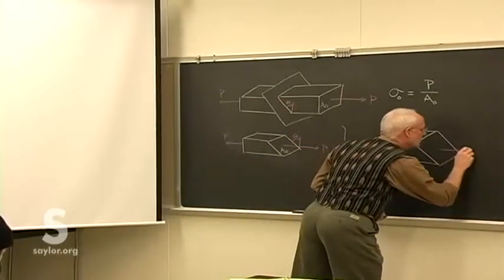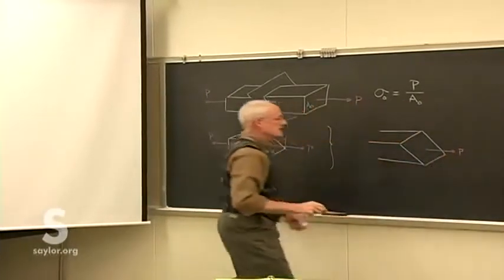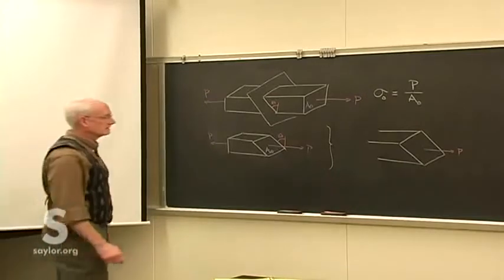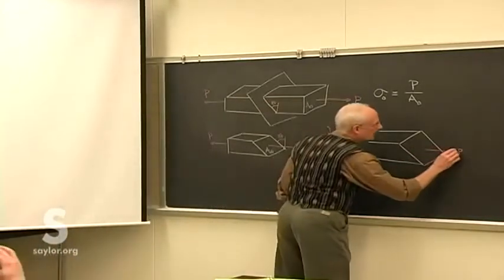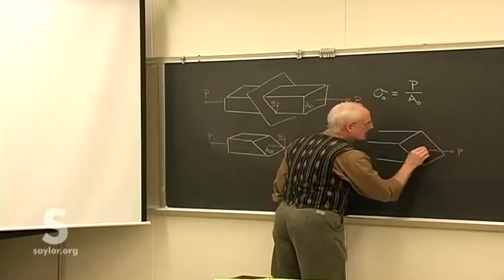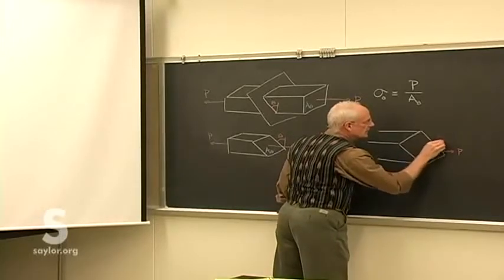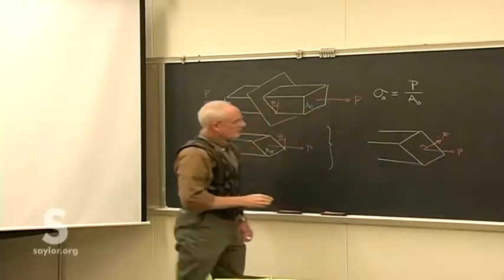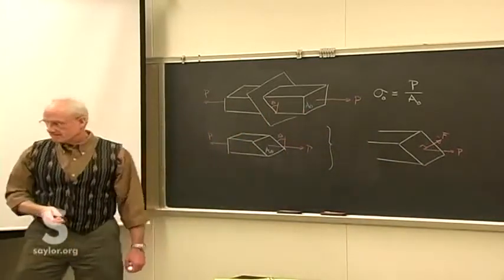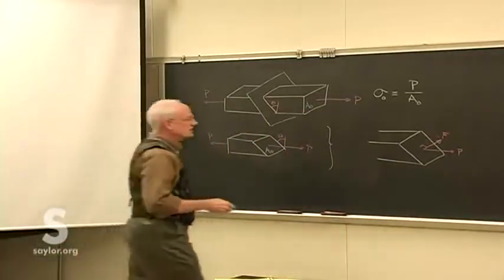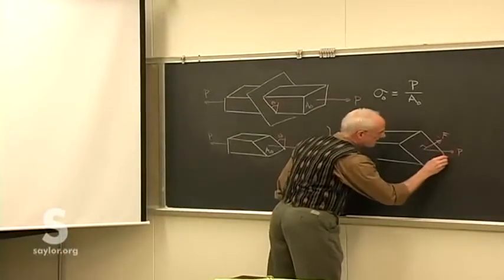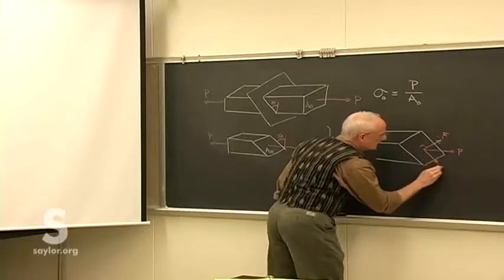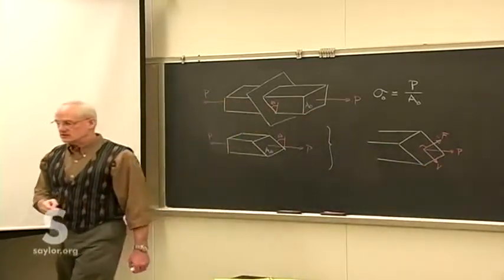We have this force on it of, say, a force P, but we can break that into two components. The normal component of that force, acting normally to the surface, we might call F, and then a transverse component that acts parallel to the surface, and we can call that V, because that is a shear stress.